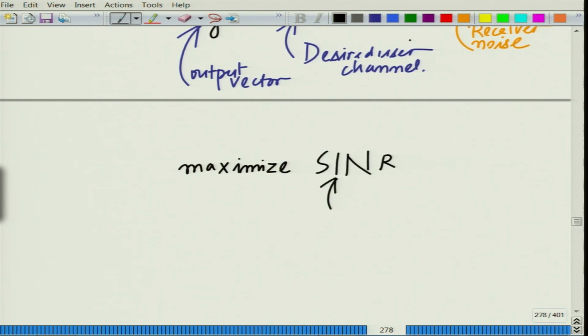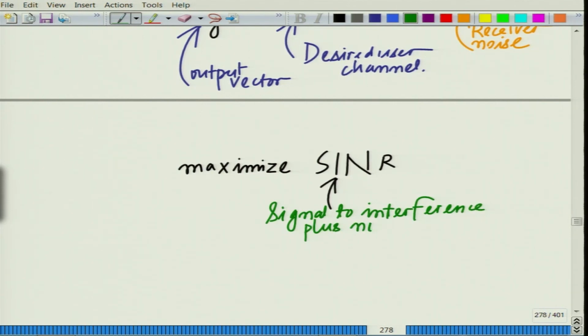What is SINR? This is the signal to interference plus noise ratio.